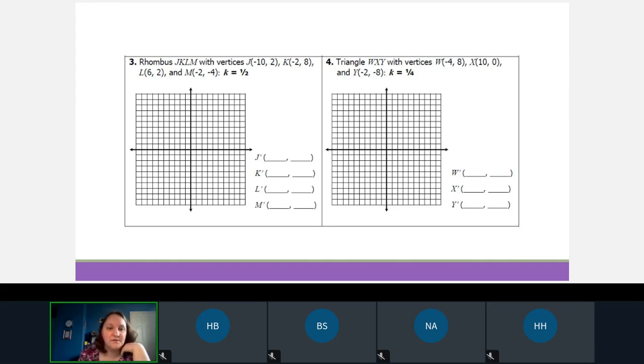So you're going to graph those 4 points. -10, 2, label it J, -2, 8, K, 6, 2, and -2, 4. Uh-oh, did I make a mistake? Oh, -2 and -4.